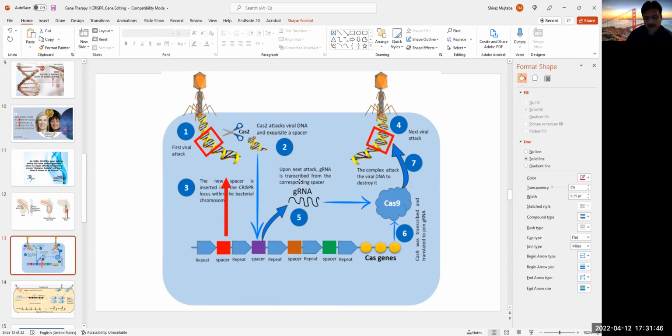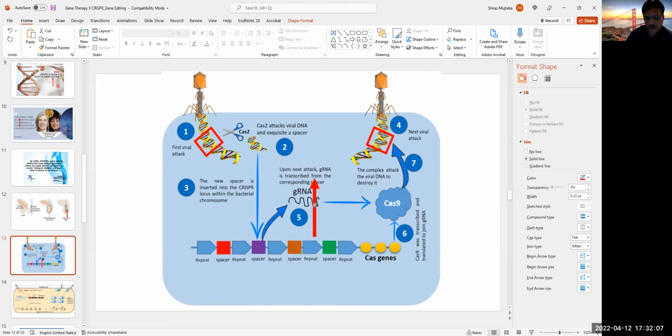This is bacterial physiology, bacterial genetics, bacterial immunology, bacterial immune memory. We were talking about vaccines and immune memory. So bacteria also have immune memory, immunological memory, and that system is called CRISPR-Cas9.